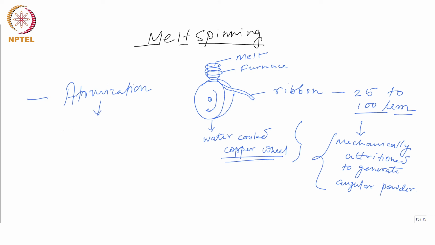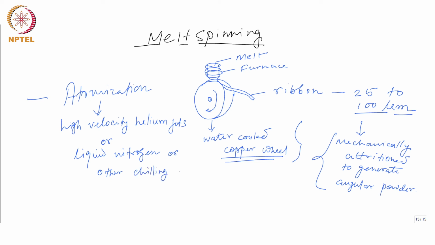For example, a very high cooling rate can be generated by high velocity helium jets, or liquid nitrogen, or by using some other chilling agents. Which can directly induce a very high cooling rate to the atomized droplets and make them solidify into a glassy structure.